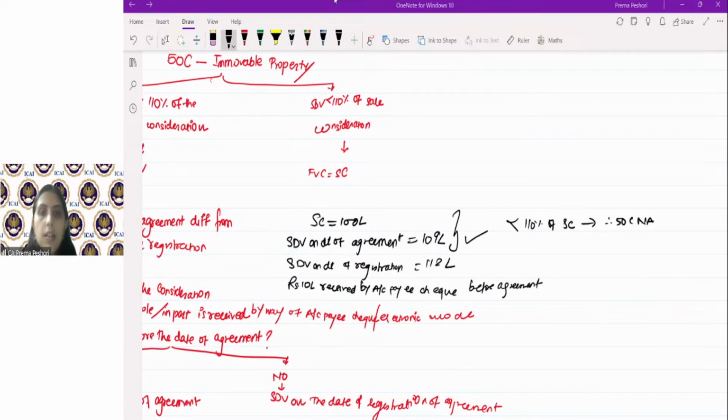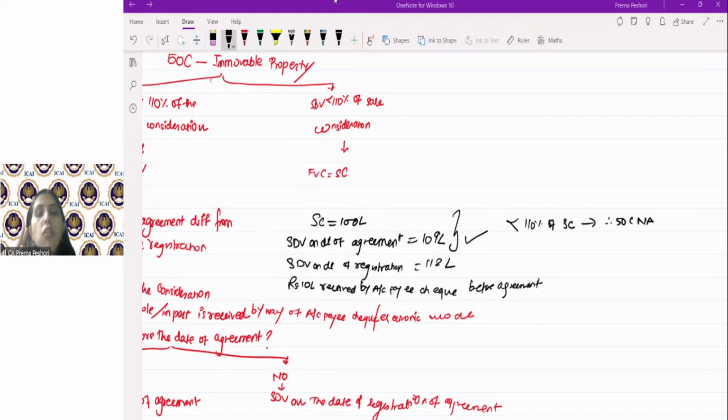So now let's say where the assessing officer refers the valuation to the valuation officer, because the assessee has disputed the valuation. The assessee claims that the stamp duty value is more than the fair market value of the property on the date of the transfer.